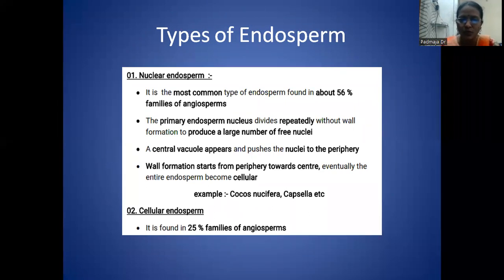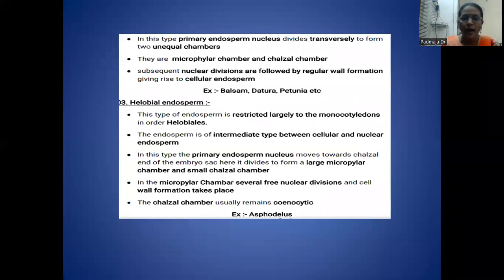The example is Cocos nucifera. And the cellular endosperm: 25% of families of angiosperms have cellular endosperm. In this type, the primary endosperm nucleus divides transversely to form two unequal chambers, that means the micropylar chamber and the chalazal chamber.